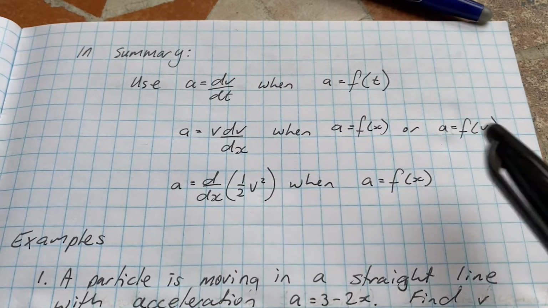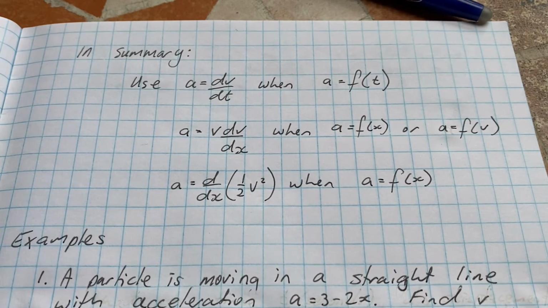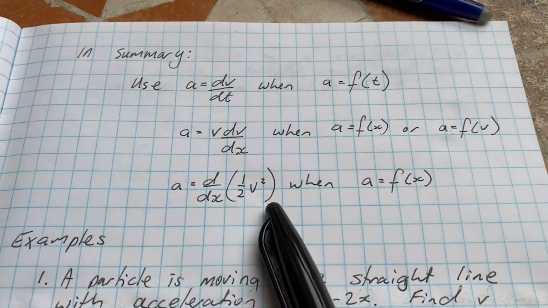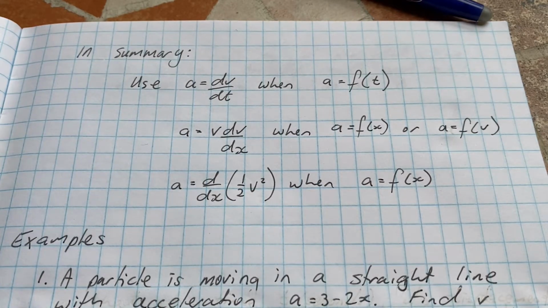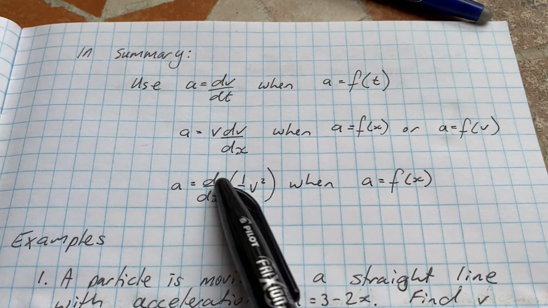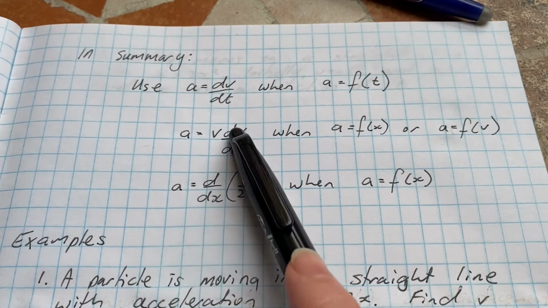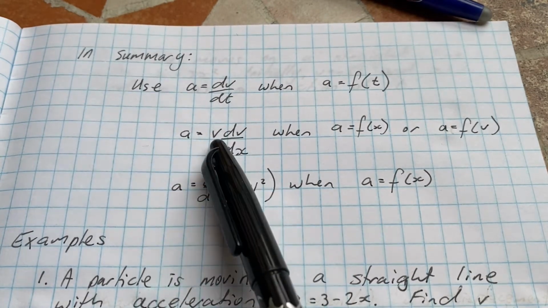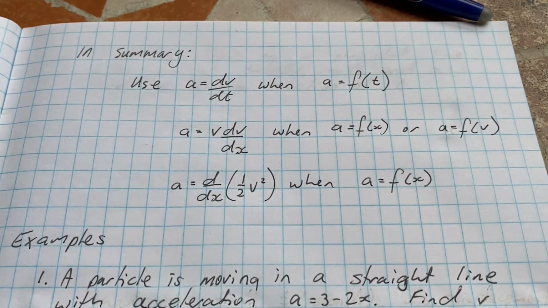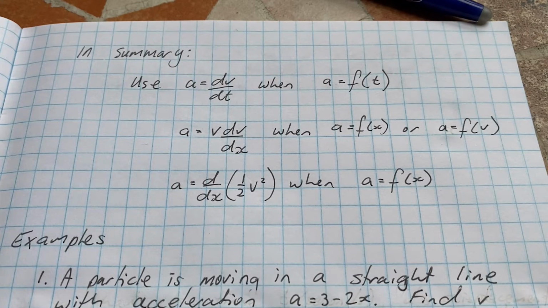And you'll possibly use separation of variables or something like that. This last one you can use when acceleration is a function of x. And it's generally the one I would suggest if it's a function of x over this one, because this one will just end up at that another line further down you're working out anyway.